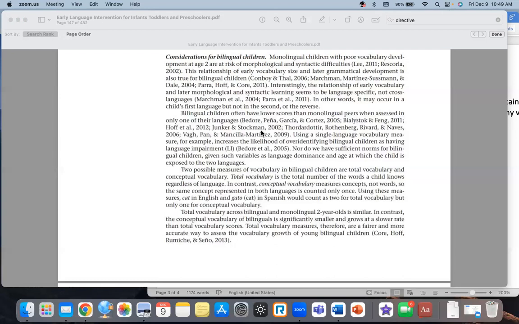If you have a child who has a profound hearing loss in their left ear, and then they get evaluated and their speech sounds aren't developing at the same rate as their peers, their language isn't being acquired at the same rate or in the same way.